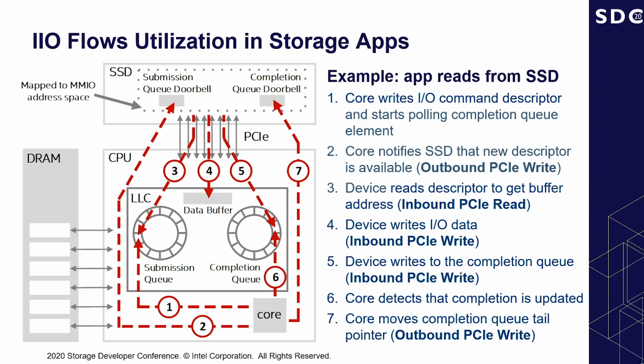I just want to point out that it's possible, if we look at step 3, that by the time the core writes that information to the L3 cache, and then the device goes to read it, it could have been evicted from cache and pushed out to memory or the other socket. And in that scenario, we would get an L3 miss and have to get it from DRAM.